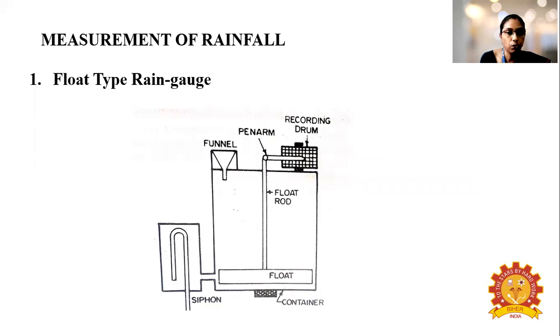So the float connected to the pen arm, that is the pointer, notes down the detail or the amount of the precipitation. So this is the detailed diagram or the picture of this float type rain gauge, a simple arrangement to record the precipitation or rainfall collected.